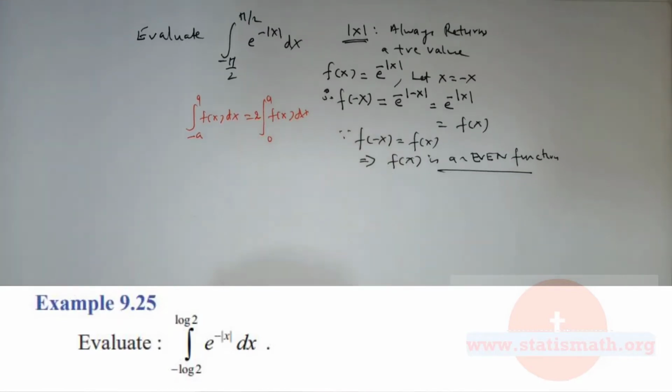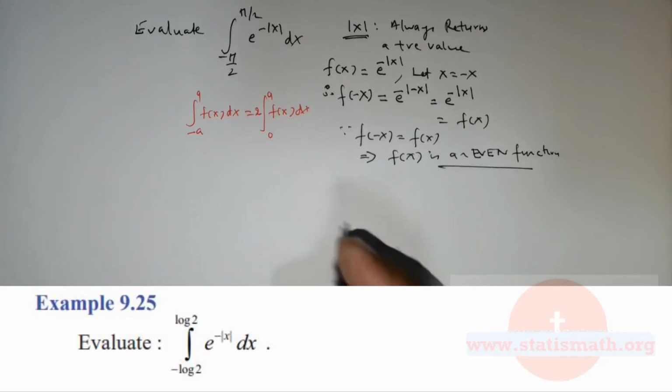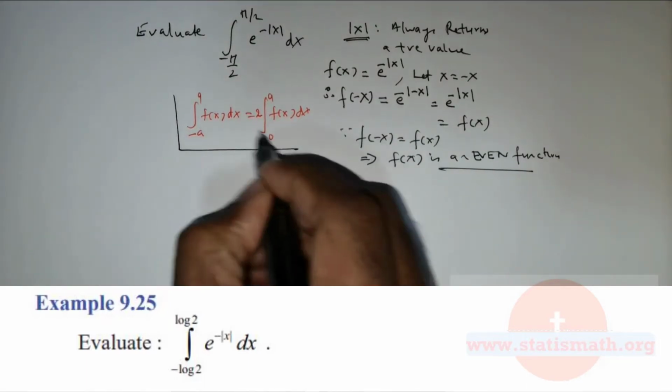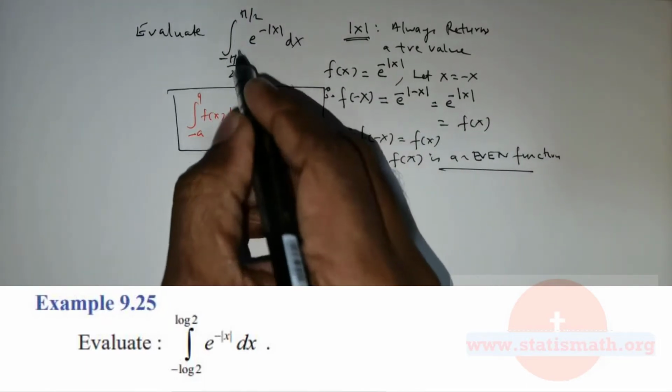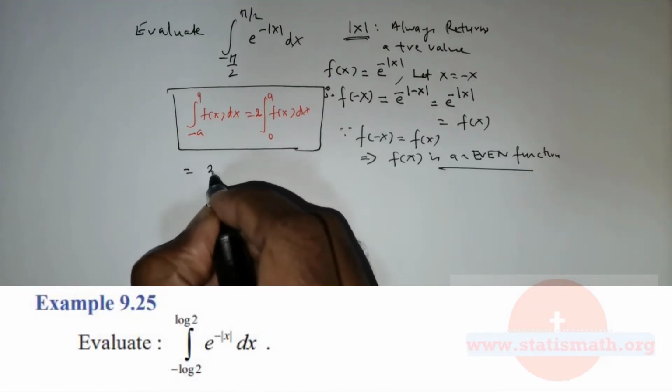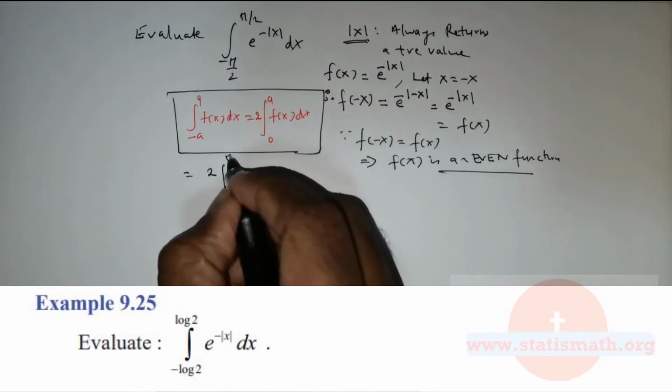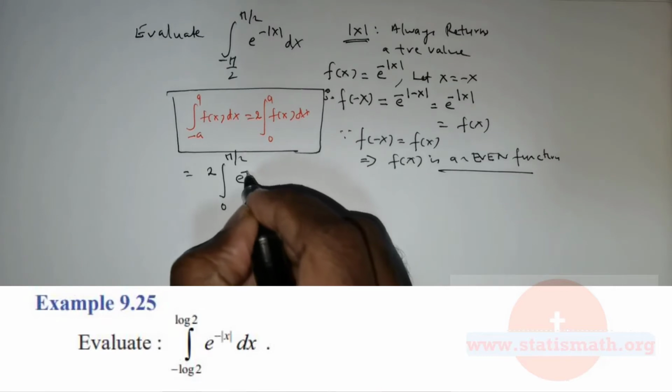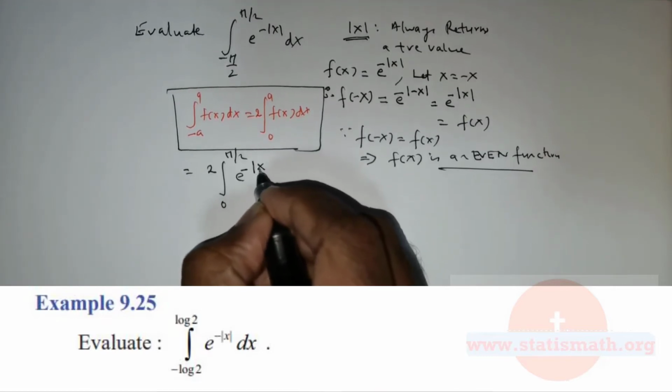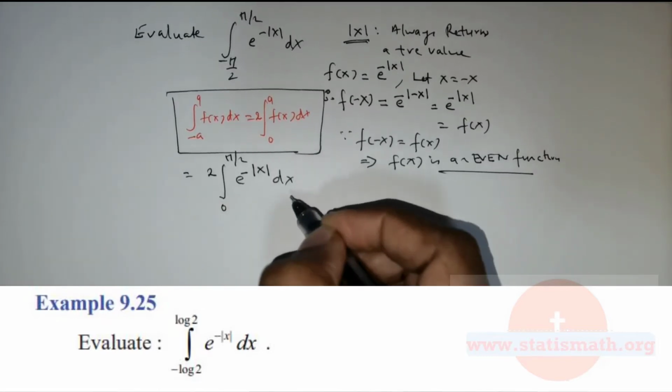Because of this formula, the question can now be rewritten as 2 times the integral from 0 to pi over 2 of e raised to the power negative modulus of x times dx.